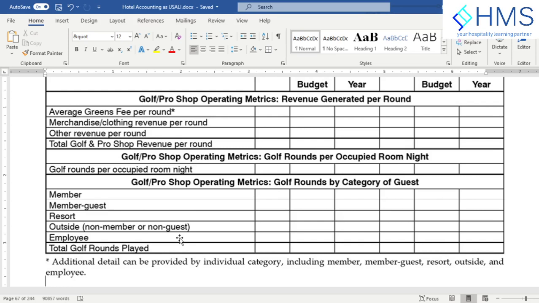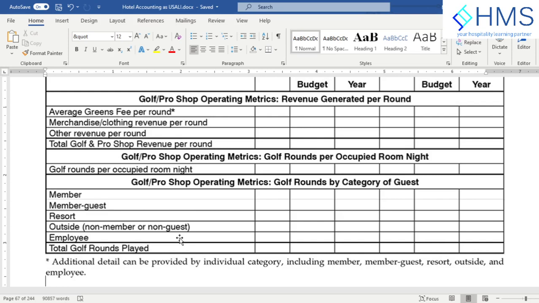If you don't have money to spend on these additional POS systems, which are very specific and detailed, you may want to keep Excel files, so that you can calculate how many total rounds are being played, how much is the revenue per day, per guest, which guests are coming, how many rounds they are playing, so that you can analyze and prepare this report at the end of the month.